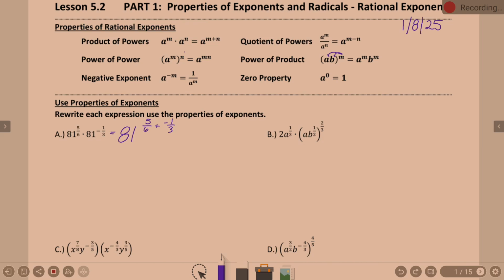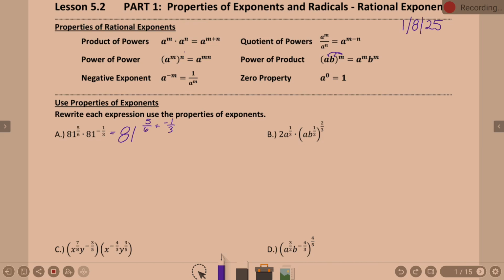Wait a minute, give me some middle steps there. It wants us to rewrite each expression using the properties, so we are going to eventually get to a solving point. Right now, what I've done is rewrite it as 81 to the 5/6 plus negative 1/3. Yeah, so that means 1/2.